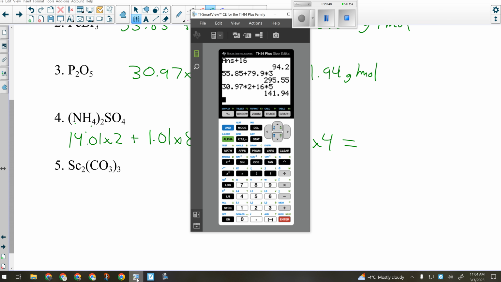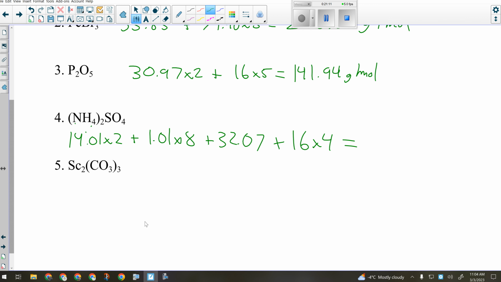So we'll have 28.02, that's our nitrogens, plus 8.08, that's our hydrogens, plus 32.07, that's our sulfur, plus 64, that's our oxygens. So that's going to be 132.17 grams per mole.